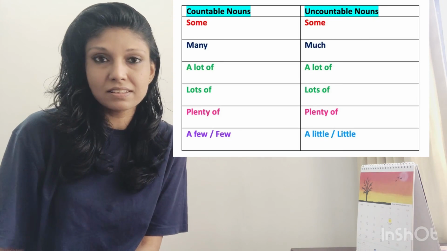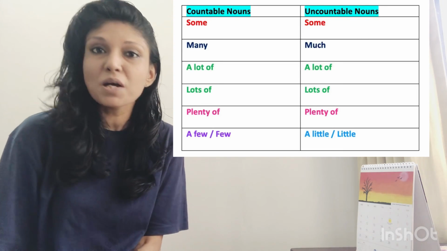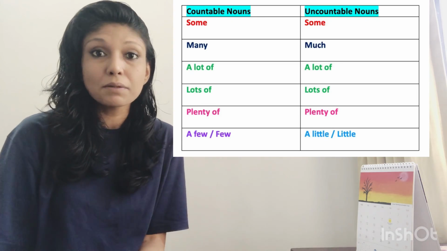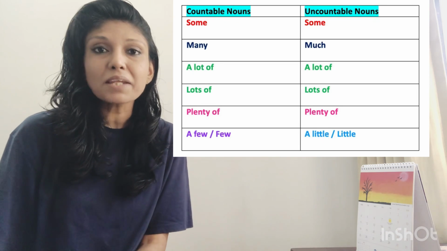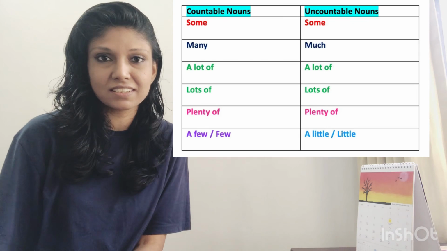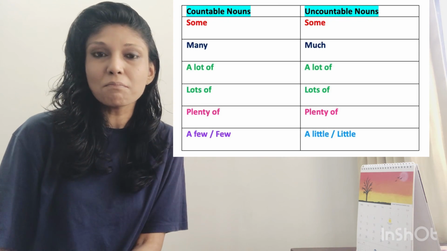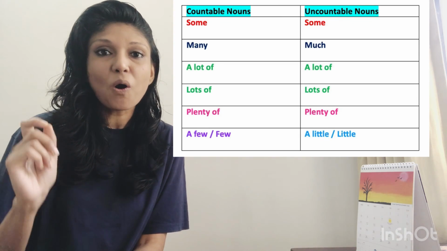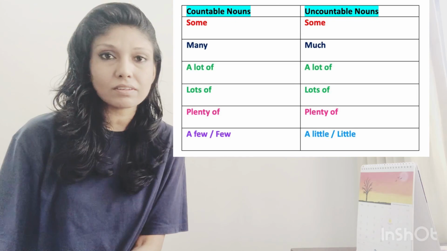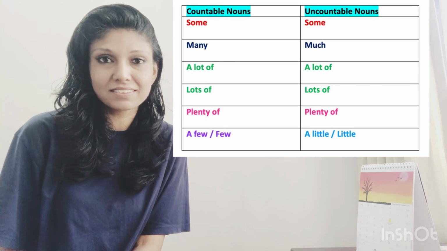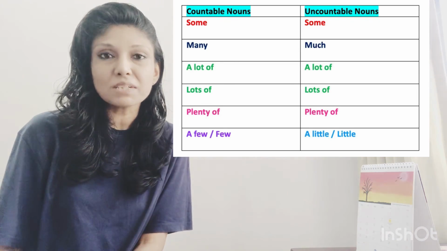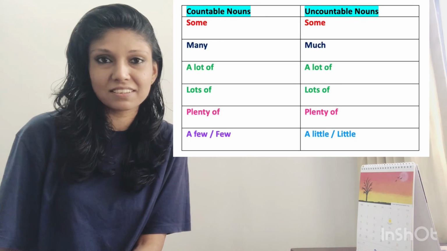Some can be used with both countable and uncountable nouns. Many can be used only with countable nouns. Much is used with only uncountable nouns. A lot of can be used with both countable and uncountable nouns.